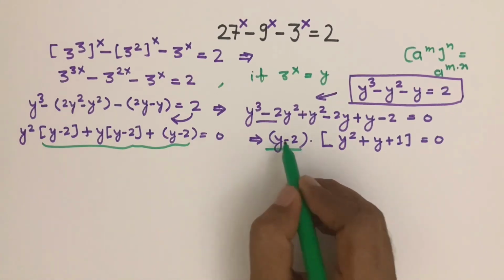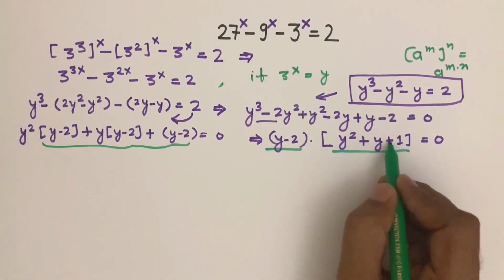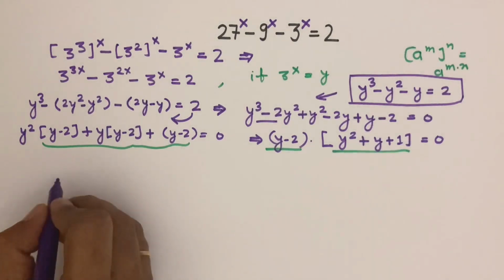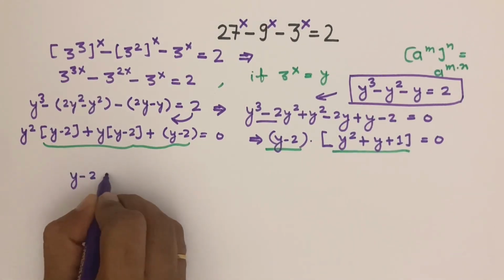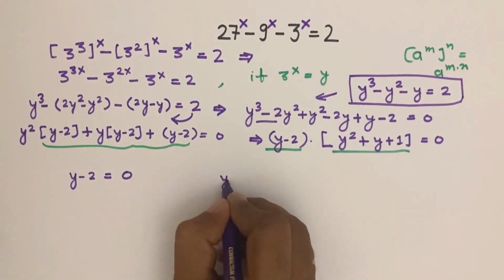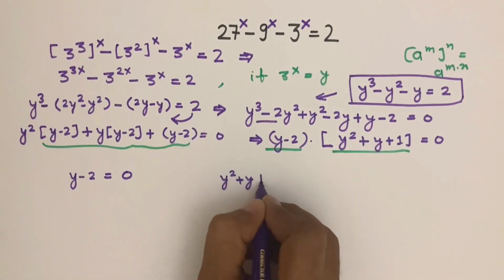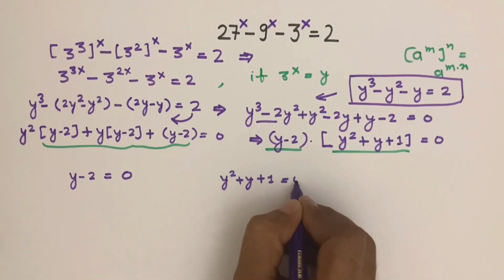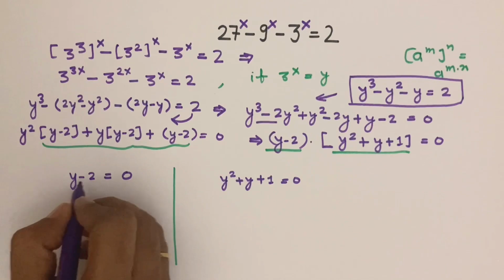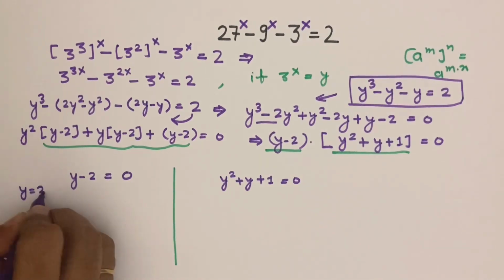Now both of these terms, y minus 2 and y square plus y plus 1, can be equated to 0, so y minus 2 equals 0 and y square plus y plus 1 equals 0. So here y equals 2.